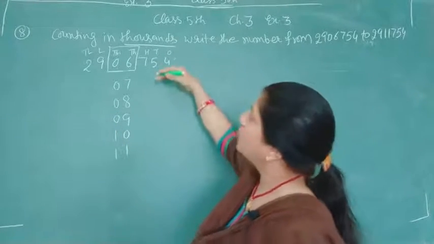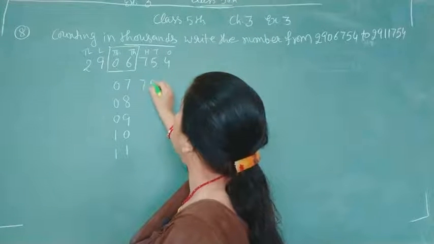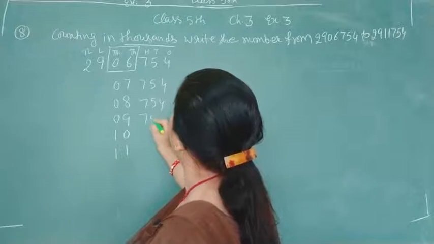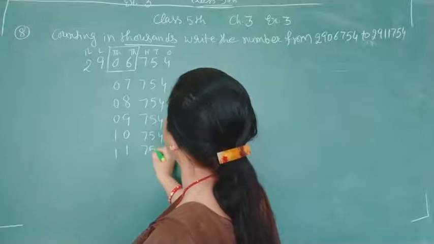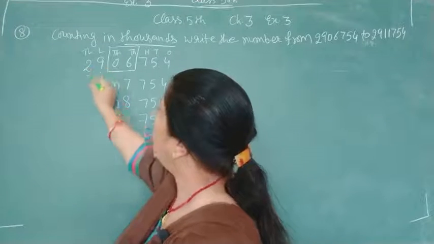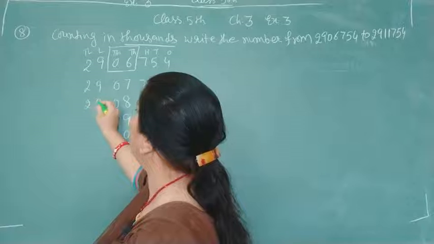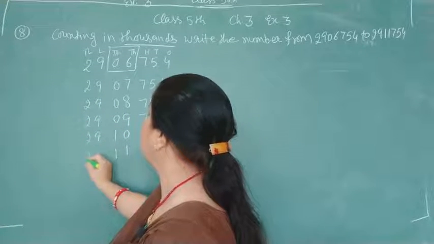Now after this we write these numbers as it is, like 754, 754 and again 754. And here in the starting we have the number 29, so we also write this number like this.